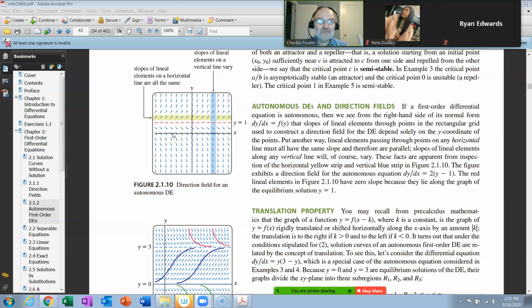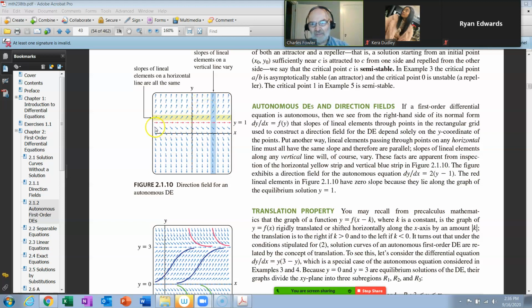The y has x dependency, but the derivative does not. This dy dx is only a function of y, so for all values of x, all the y values are the same. So what we're doing is melding these two concepts, direction fields and autonomous differential equations.